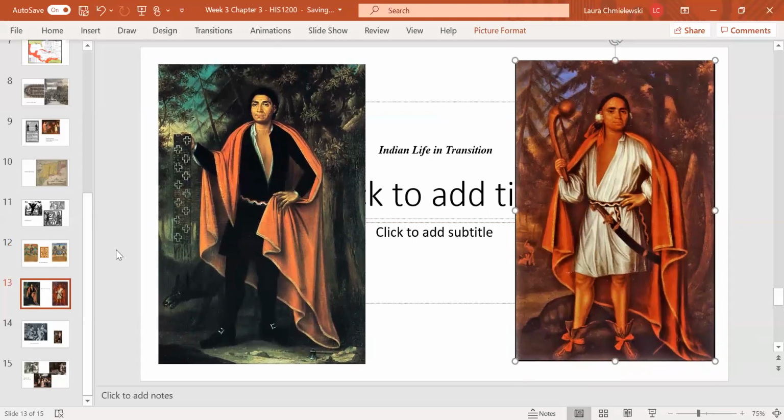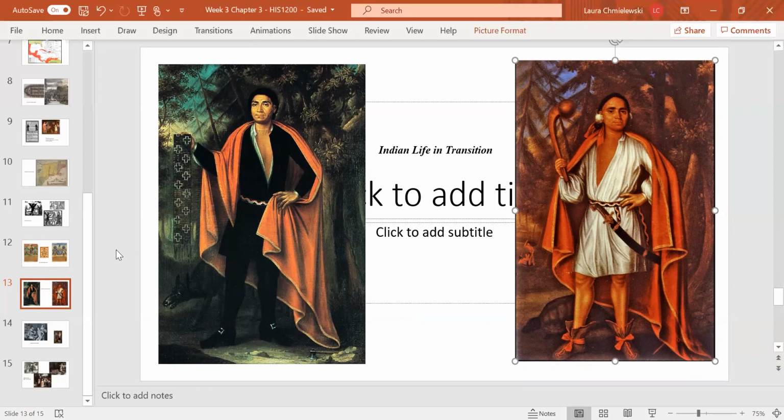Native American life is very much in transition because of the settlement of Europeans and the continual movement of Europeans as they move west toward where Native people settle, or where Native people are trying to move to get away from them. But not everyone is trying to get away from these European settlers.